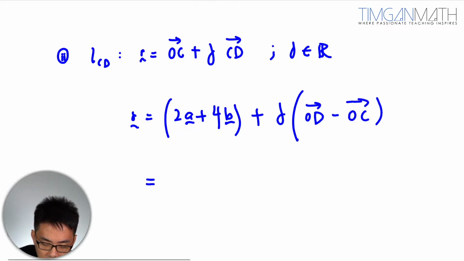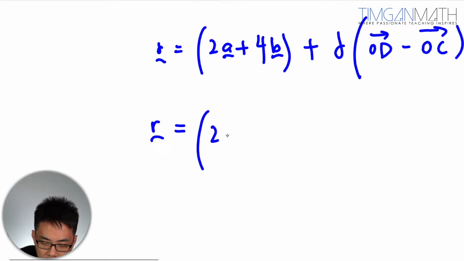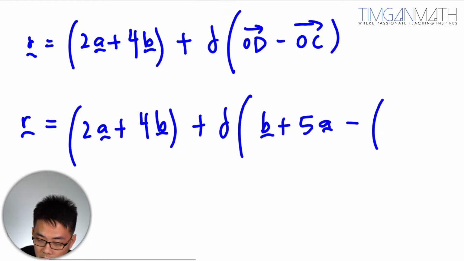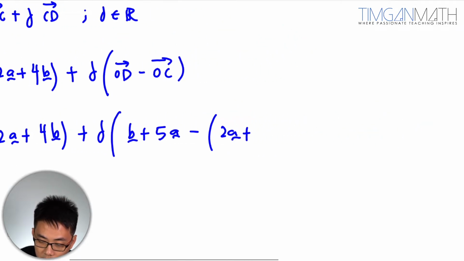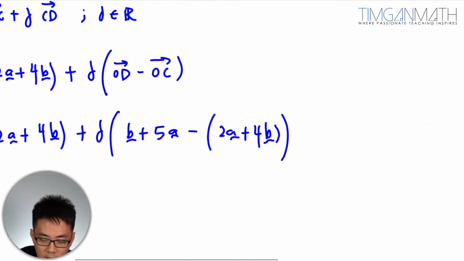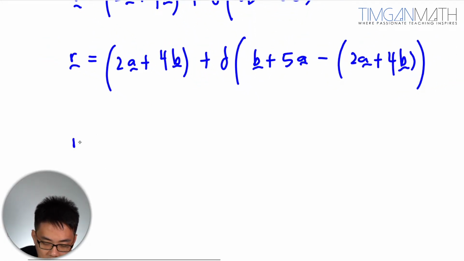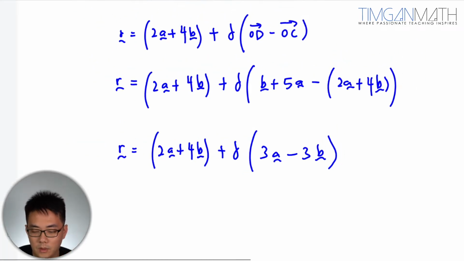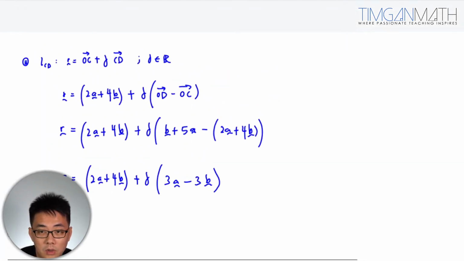Then this will just be r equals 2a plus 4b plus gamma OD, which is actually b plus 5a minus 2a plus 4b. Okay, there you go. So I'm going to just write this r equals 2a plus 4b plus gamma times 3a minus 3b. Okay, this is 3a minus 3b. There you go. So I think that's about it.